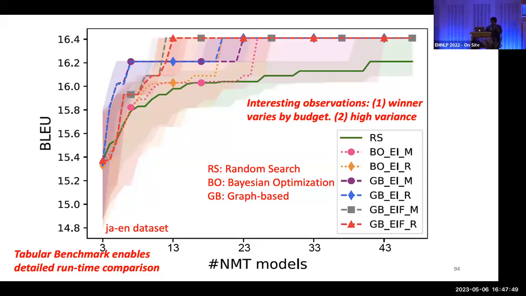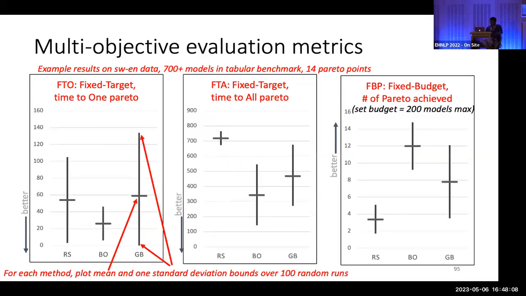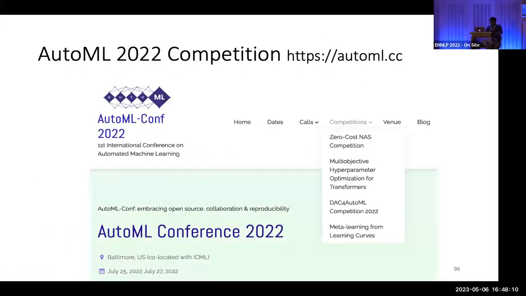Like there was a question earlier, how does initialization matter? Now we can test that. We can try different initializations, see how different the results are, and plot the variance. So this will help you do better benchmarking. Yeah, I think that's all I want to say. We also did multi-objective, but that's not important. Are there any questions here?